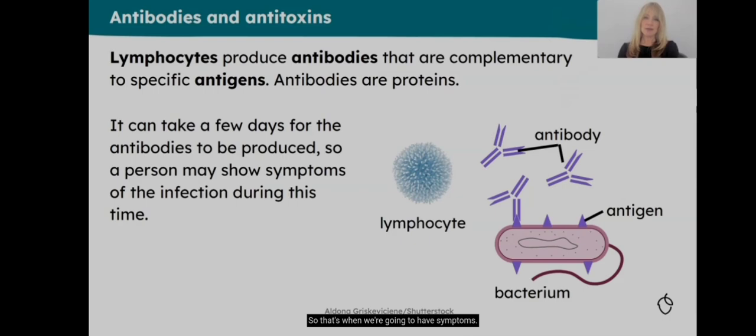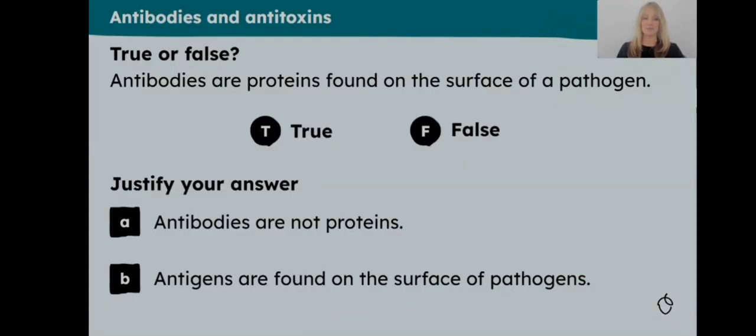So that's when we're going to have symptoms. Let's say that it was a virus that produces the common cold, okay? Actually, we might start sneezing, we might have a high temperature, we might have a cough. And that's because our lymphocytes need a little bit of time in order to start producing those antibodies so that then they can destroy that pathogen.